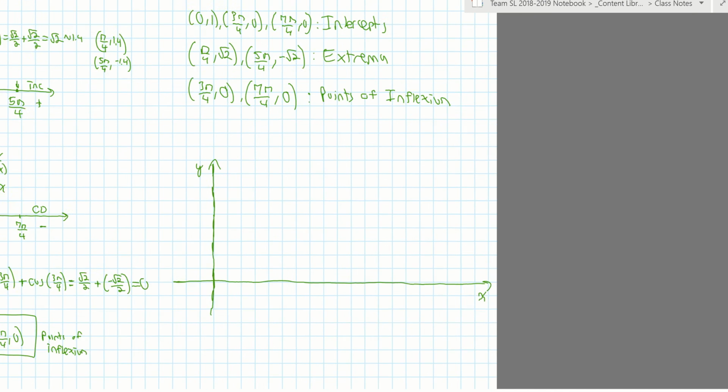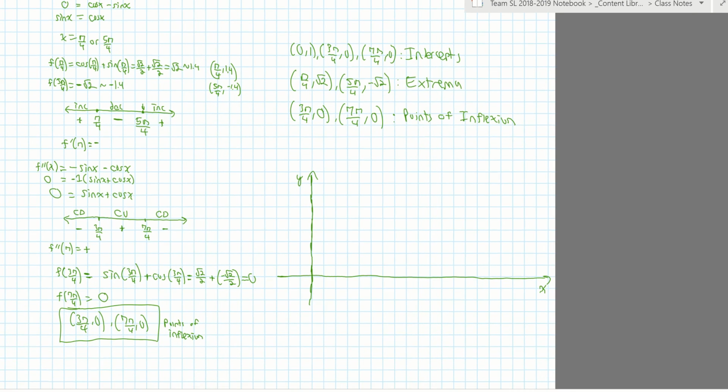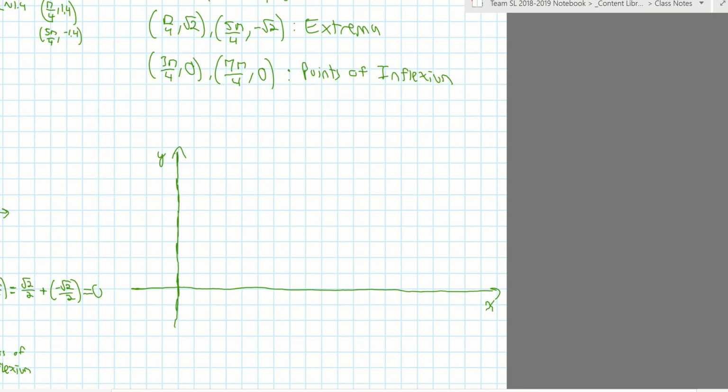Now, it seems like the graph goes from 0 to 2 pi, so that's what we're going to do. We're going to start from 0, which will be here. Let's say every 2 spaces is pi over 4. Then we got pi over 2, and then 3 pi over 4, and then 4 pi over 4, which is pi.